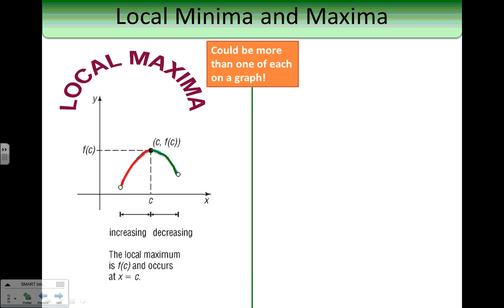The way we say this is that the local maximum is f of c and occurs at c. Whatever this number is, this is the local max, and that local max occurs at this point. It occurs at c. All that means is we want to say what y value it occurs at. That's our maximum, that's how high it is on the graph, and it occurs at the point c.